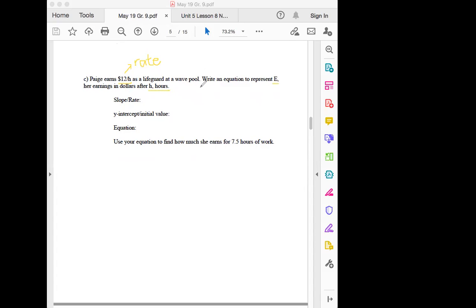And so because there is no initial value, if she works 0 hours, she's not going to get X amount of dollars, right? So that means that there's no initial value for that. So our slope is $12 per hour. We don't have an initial value. She gets nothing. She doesn't work. So that means that our equation is E is equal to 12 times H, which is per hour.